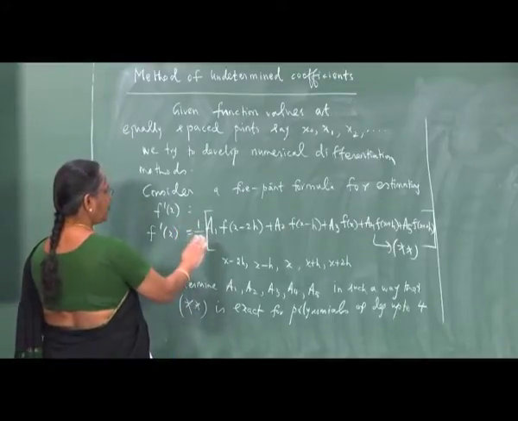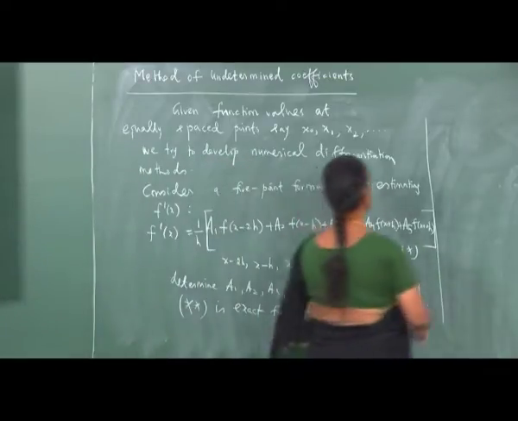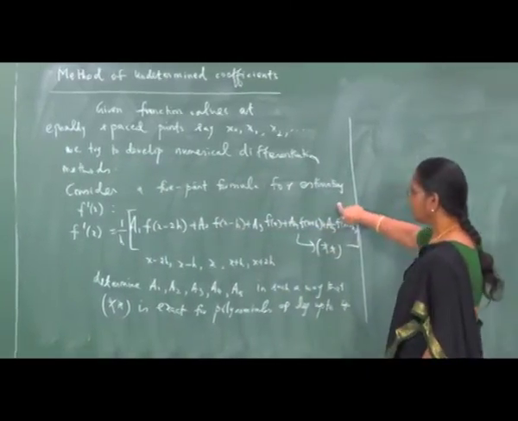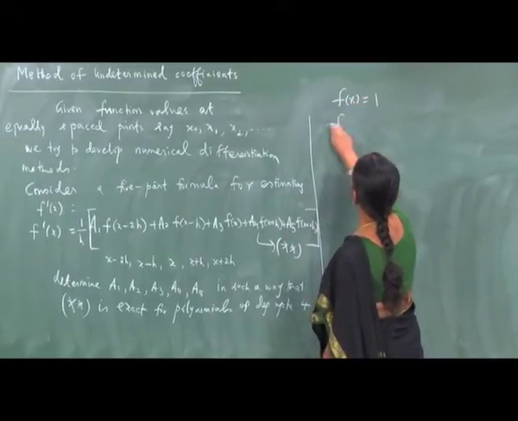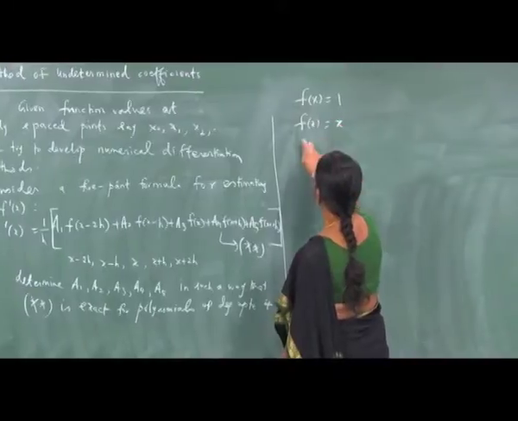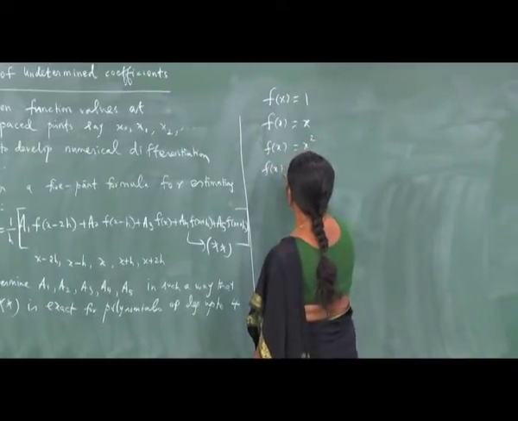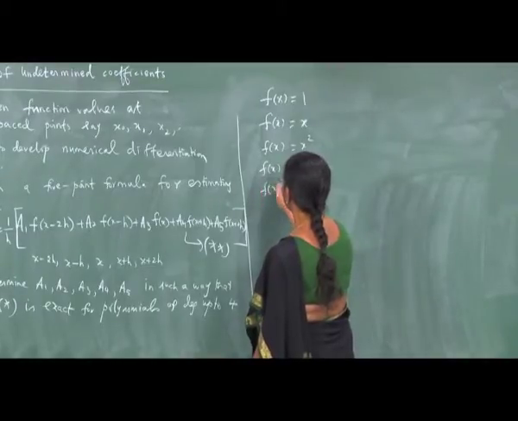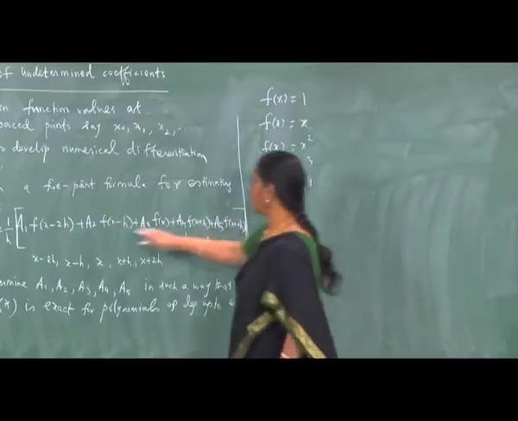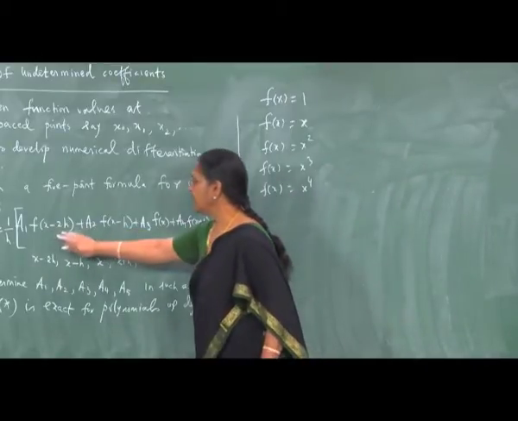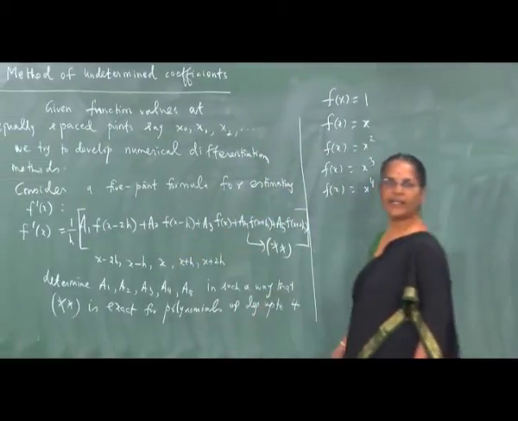It is enough to ensure that the method double star is exact for polynomials given by f of x equal to 1, x, x square, x cubed and x to the power of 4, because the expression involves only function values and they appear linearly.